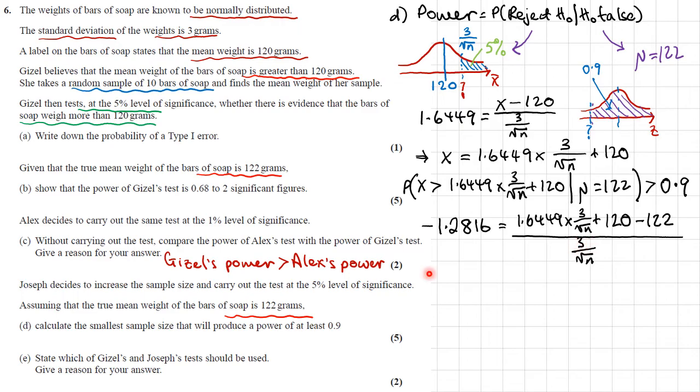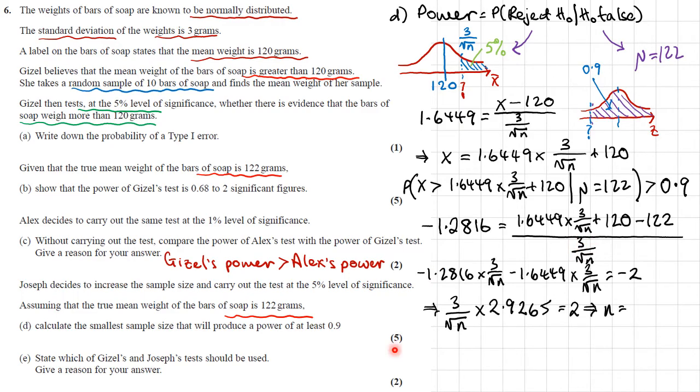Right, so we're going to do a little bit of rearranging to solve for n. If I times both sides by 3 over root n, I'll get negative 1.2816 times 3 over root n, and then take this away from both sides. So then I'll have minus 1.6449 times 3 over root n is equal to negative 2.